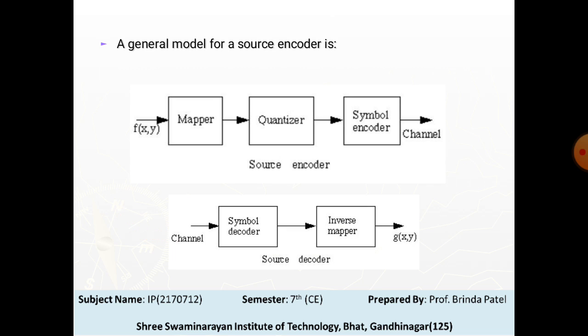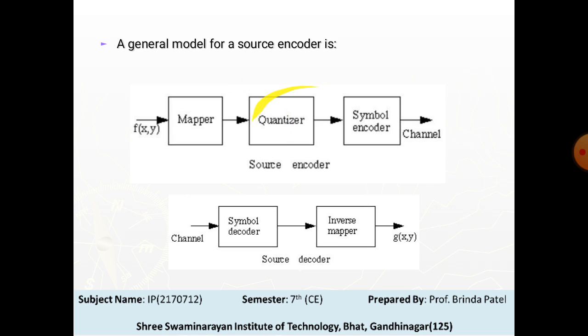Now a general model for the source encoder. Here the mapper transforms the data to a format suitable for reducing the interpixel redundancy. This step is generally reversible and can reduce the amount of data used for run length encoding, but not in transformations to the Fourier or discrete cosine domains.